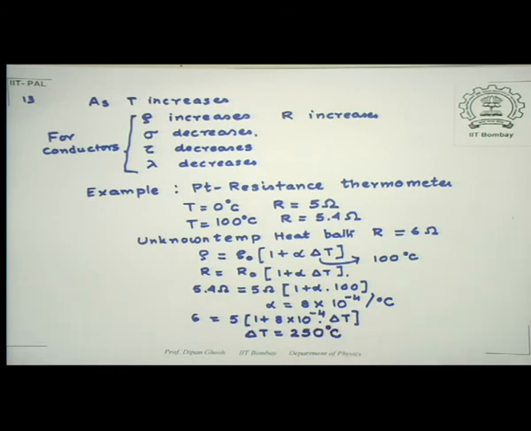Since my reference temperature with respect to which I had my 5 ohm resistance was 0 degrees, the temperature of the heat bath is 250 degrees according to this method. One thing that we observed is that the reference point can be anything, and that is because of the linearity of this relationship.